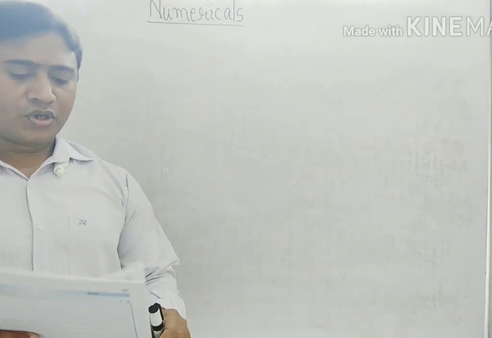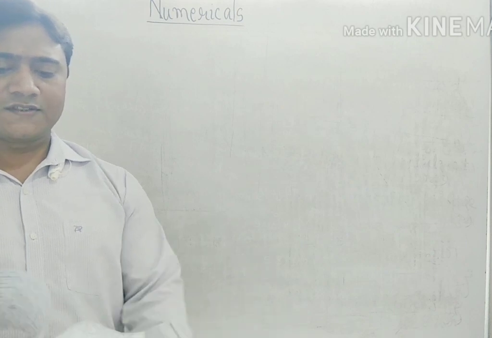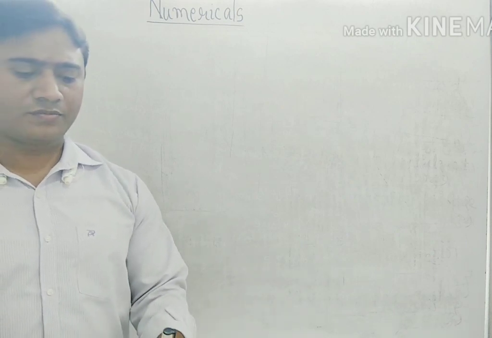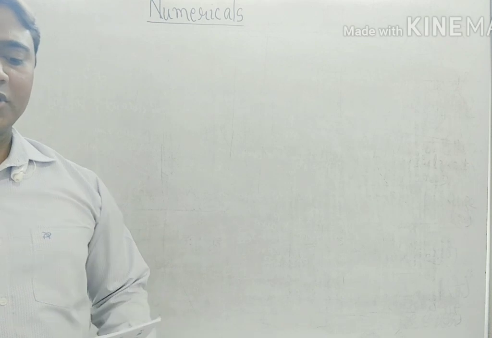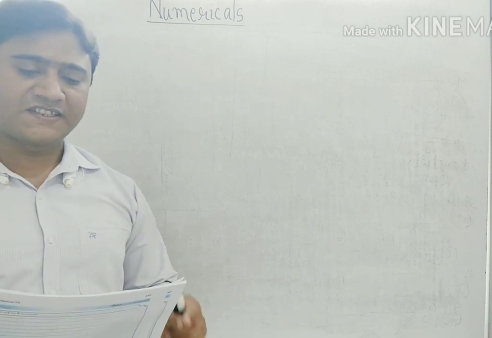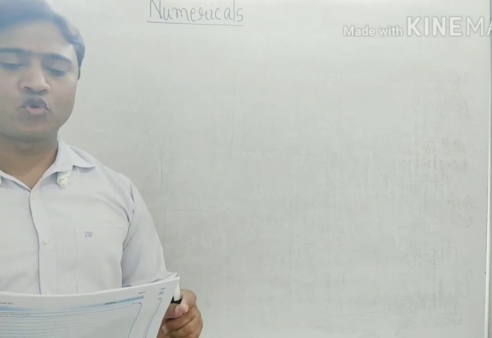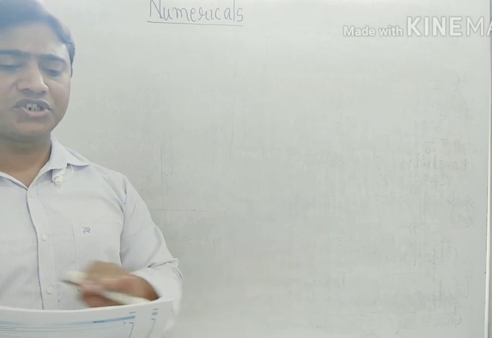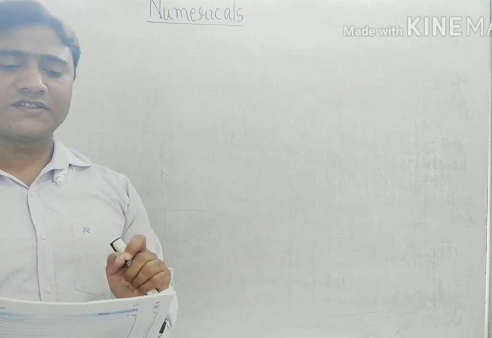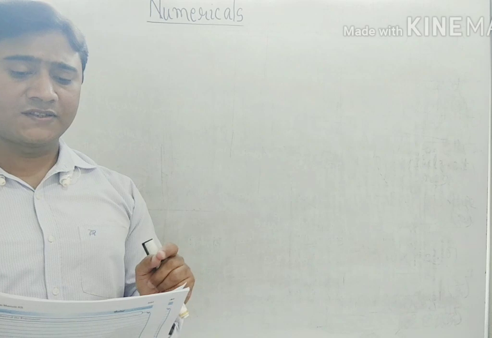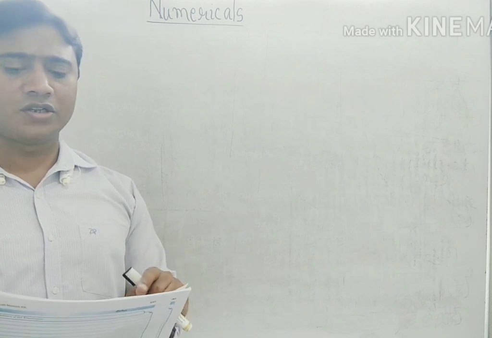Okay students, so let's have the next question. Fifth question. A particle of mass 5 into 10 power minus 6 gram is kept over a large horizontal sheet of charge of density 4 into 10 power minus 6 coulomb per square meter.